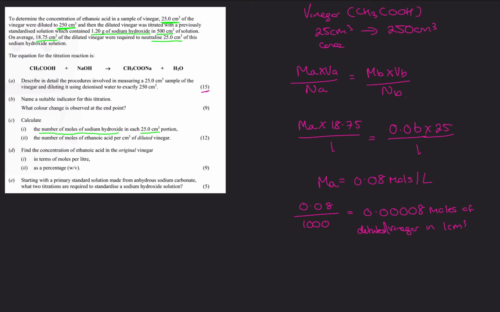D then. So take a look at D, and I'll wipe this out. Okay, again, underline the important one. The concentration of the ethanoic acid in the original vinegar in moles per litre and weight per volume.